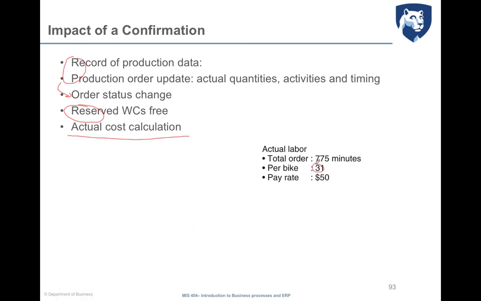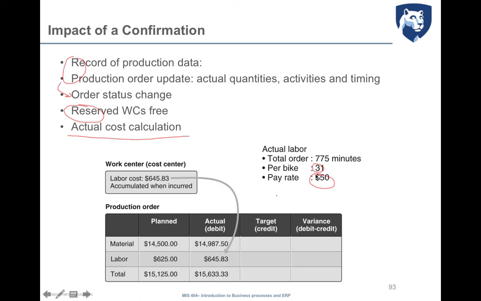So 1 minute more than the planned value. The pay rate remained the same. This means that the total labor cost is $645.83, and this value is put as the actual labor value in the production cost sheet.